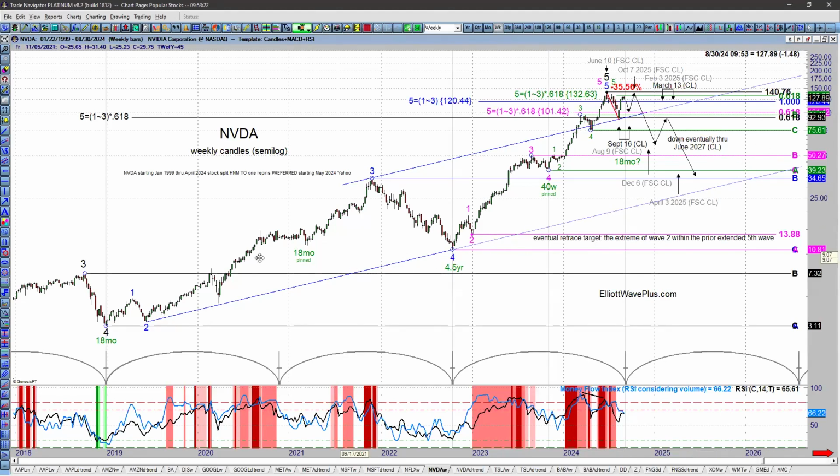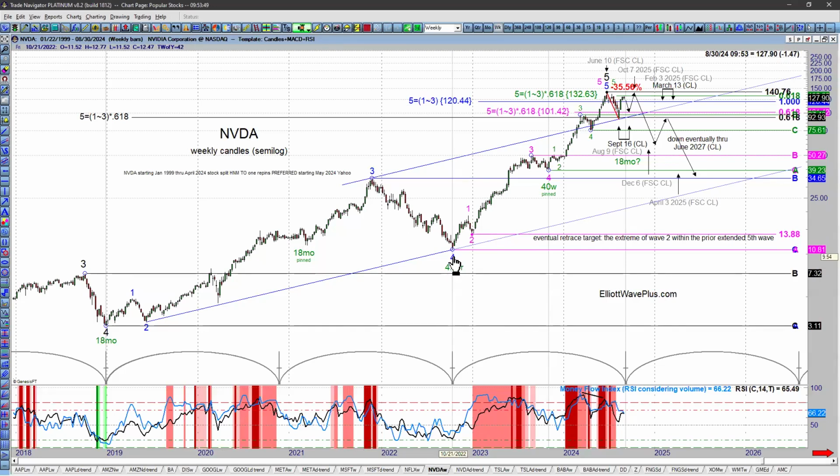So this is a weekly chart of NVIDIA, and this low back here is the low in December of 2018. I think you can see a very clear pattern here, a 1, 2, and then 1, 2, 3, 4, 5 for wave 3, an extended wave 3, up through late 2021.